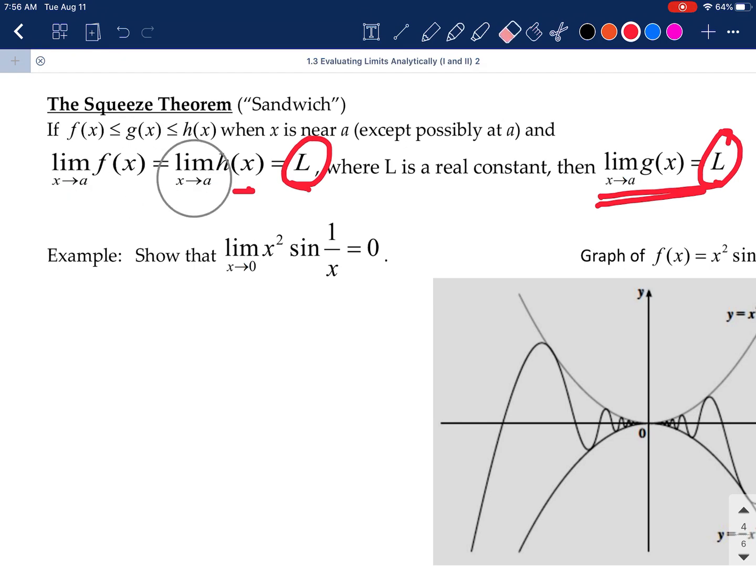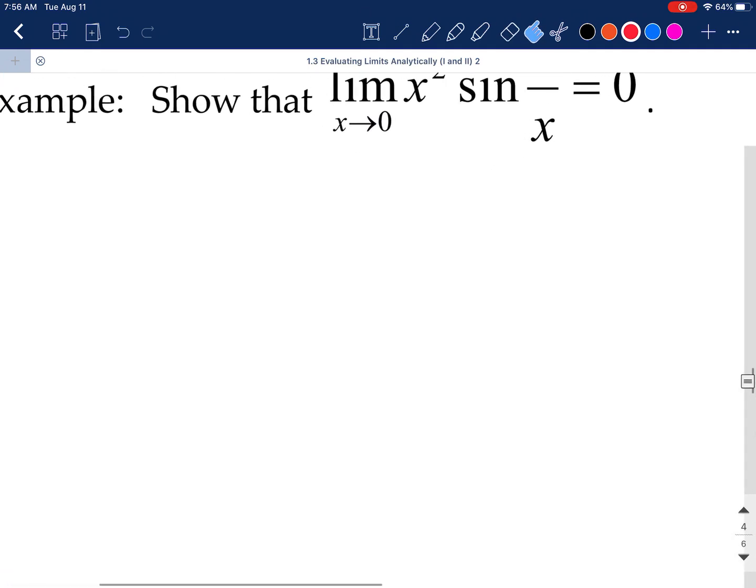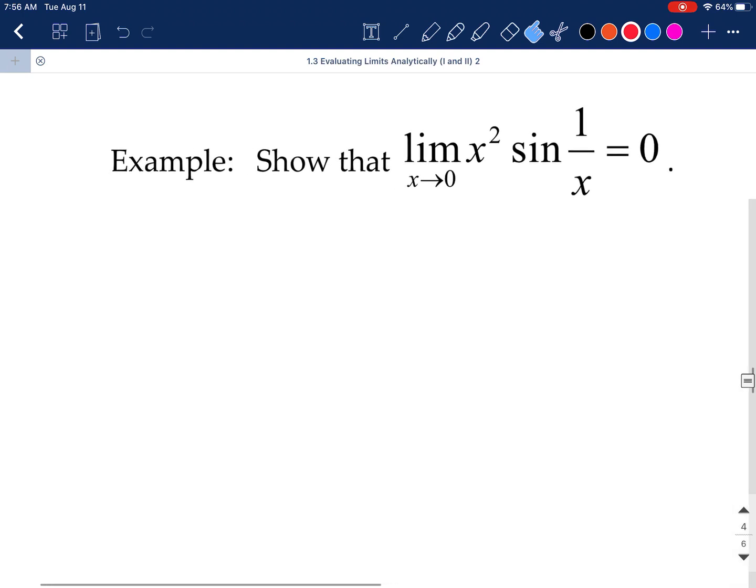So let's see if we can apply this theorem to this example without reference to our graph, right? So we want to show that the limit as x approaches 0 of x squared sine 1 over x is 0. Now we could argue that x squared and sine 1 over x have particular behaviors. And that's really what we're going to use here. So what we're going to use here is what we know about both of these functions.